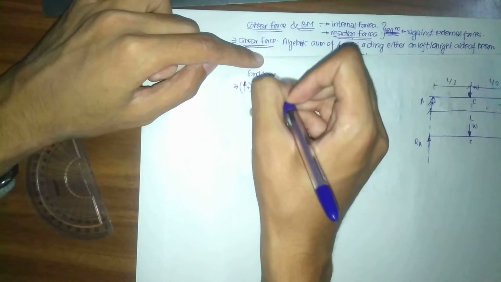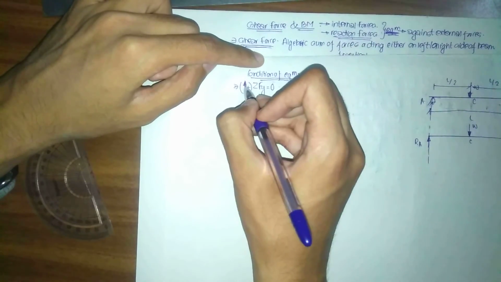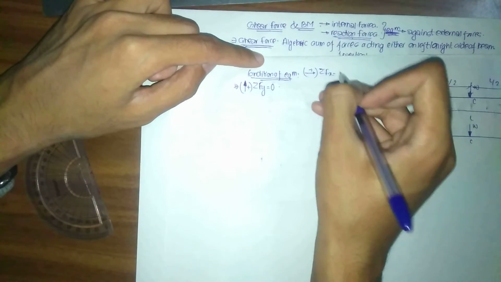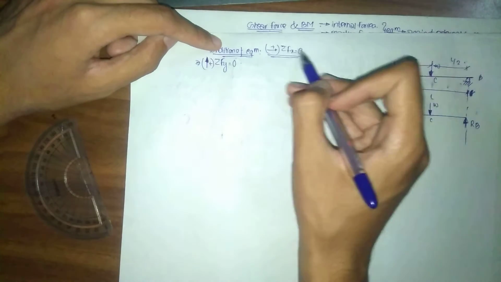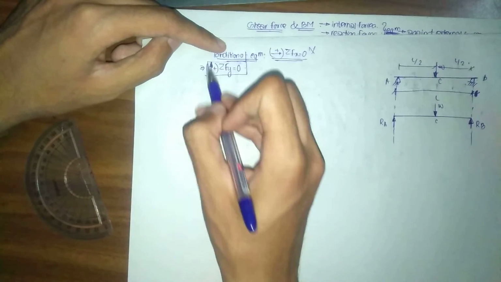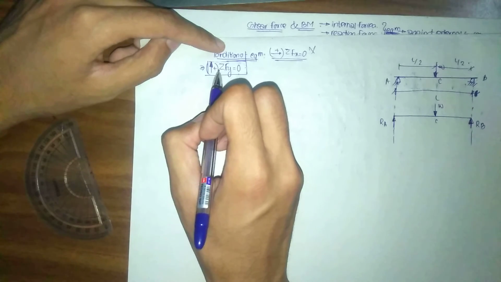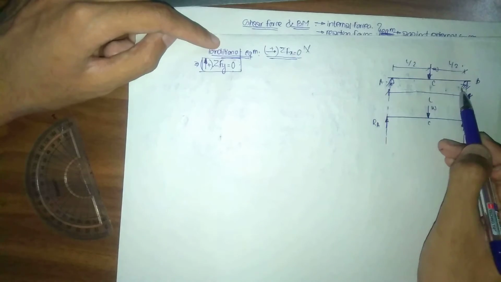We're applying the condition of equilibrium: ΣFy is 0 and ΣFx is also 0. We will not be applying ΣFx because there are no axial forces acting on the beam right now. We'll be applying only ΣFy equals 0, taking upward forces as positive, as we are moving from left to right section of the beam following our sign convention.